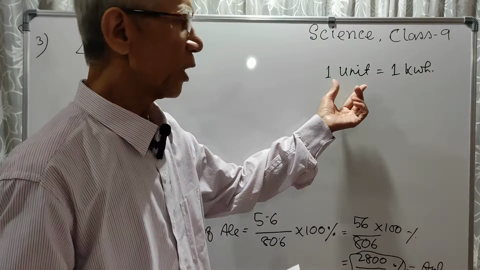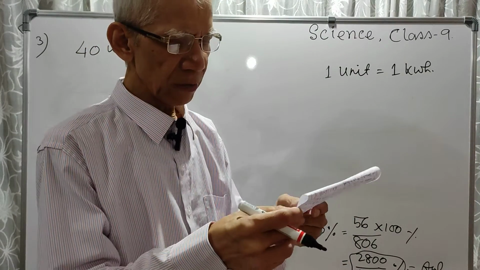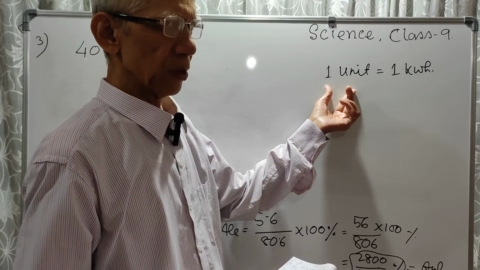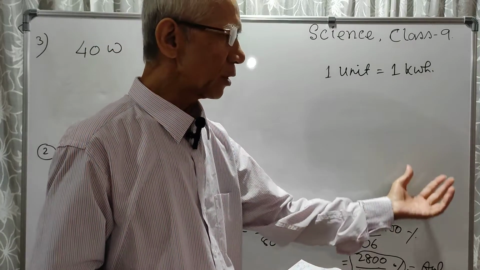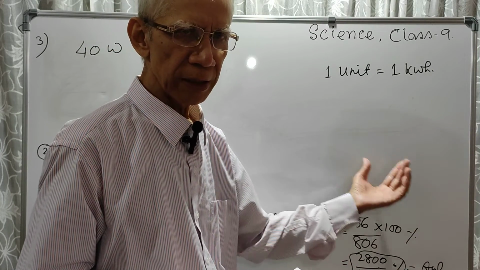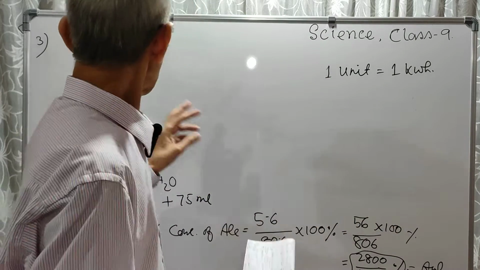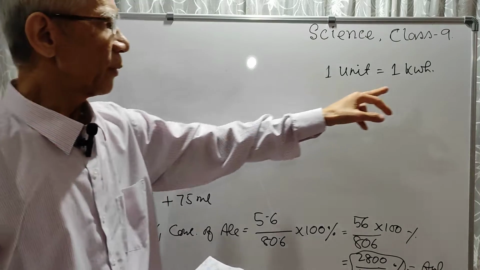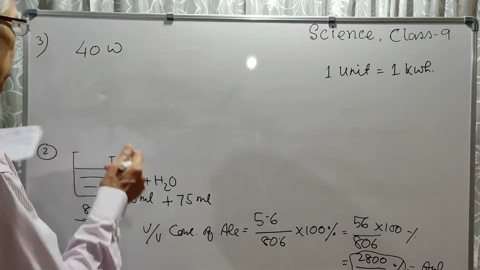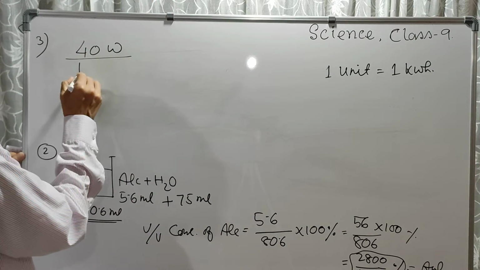So 1 kilowatt hour is 1 unit. The price of 1 unit is given, 6 rupees. So we have to find out how many kilowatt hours are used by these two bulbs and fan. That means how many units. Okay. So the watt must be converted to kilowatt. So how will you convert watt to kilowatt? Dividing by 1000.